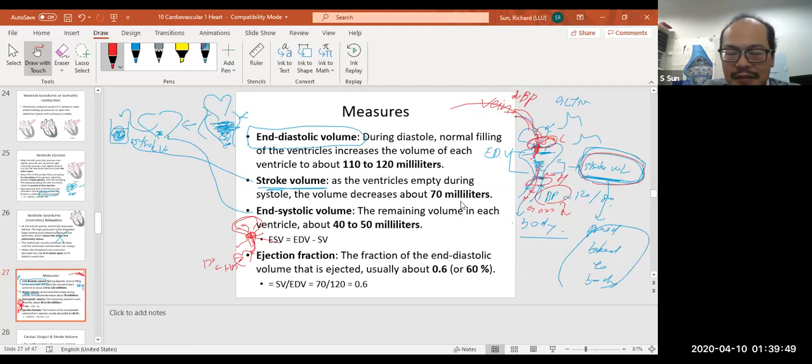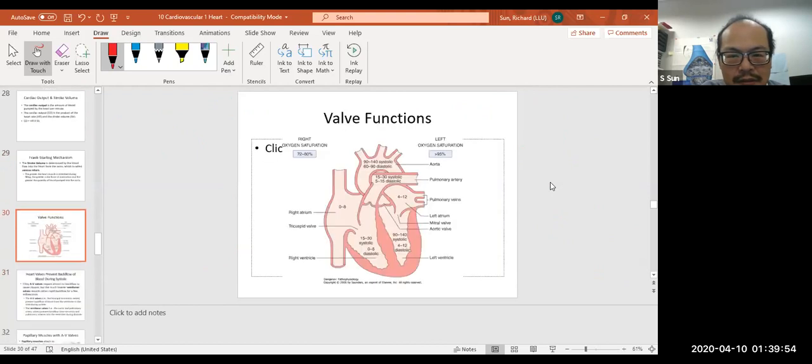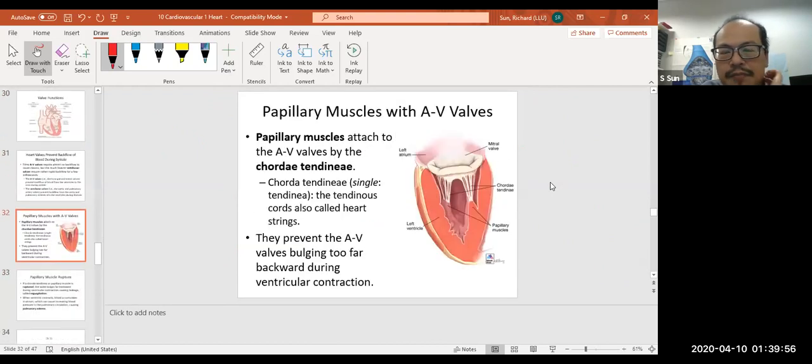Let me see if we are actually going to talk about the valve. Here, let's talk about this one first. So this is the valve. This is the AV valve. And the valve actually has connection of this tendon with the muscle, the heart muscle.